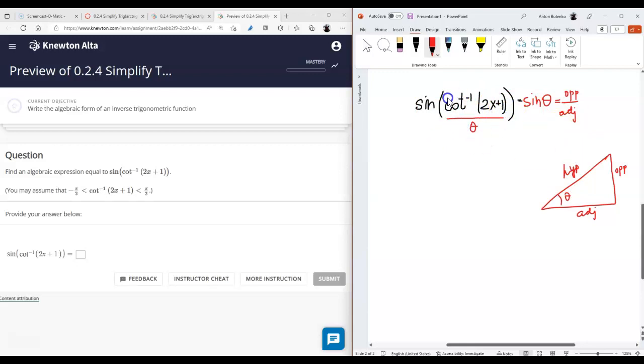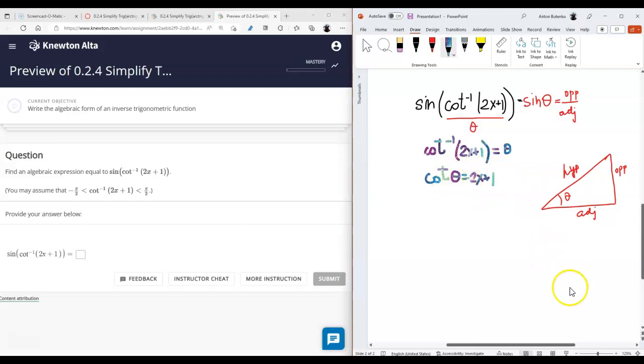We're going to get it from what's inside of this parenthesis, right over here. So what's inside of the parenthesis tells us that cotangent inverse of 2x plus 1 is equal to theta. Now, cotangent inverse means that cotangent of theta is equal to 2x plus 1.